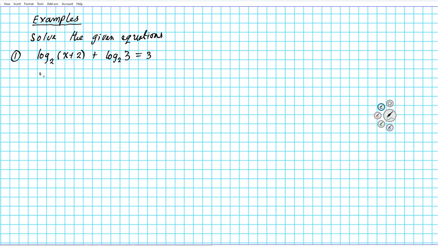Let's go ahead and solve this using the steps that we outlined earlier. The acronym that you can keep in mind is CCES: collect, condense, eliminate, and solve.